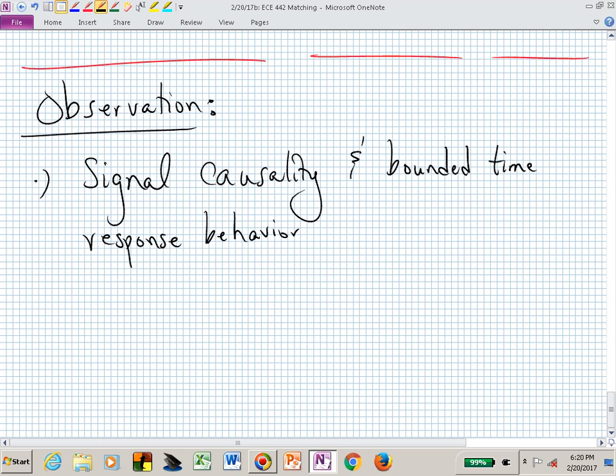And those two are actually two separate characteristics.